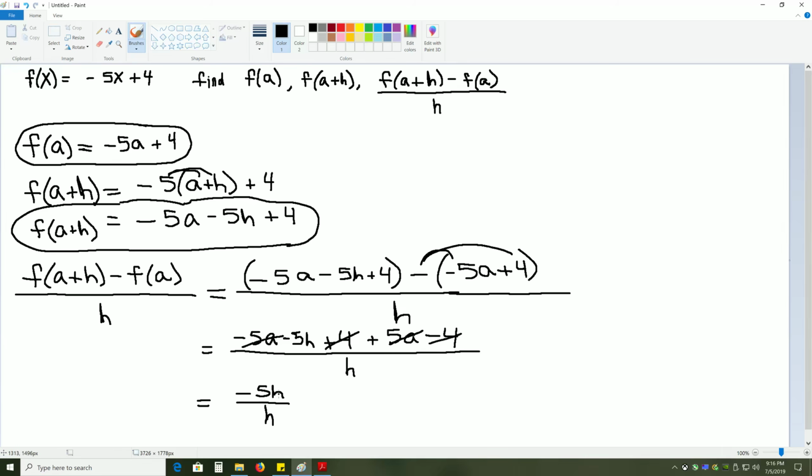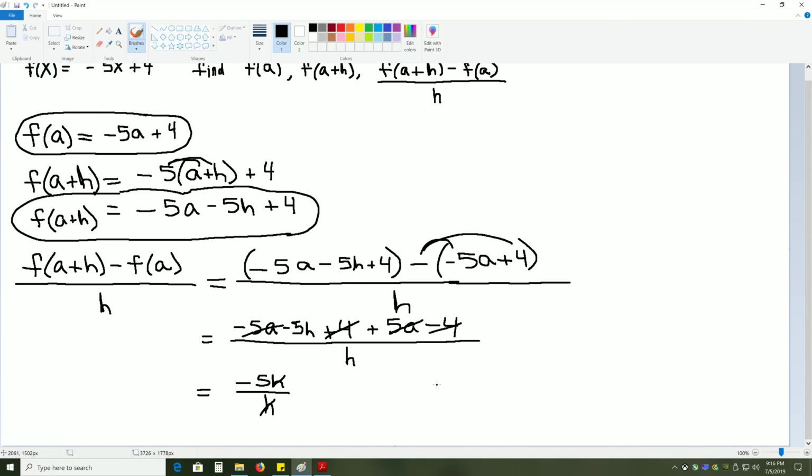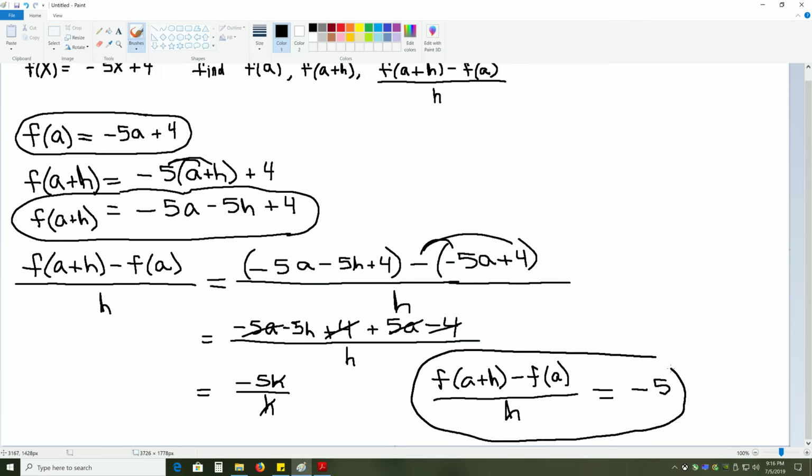And at this point, the h's will cancel out, leaving us with f of a plus h minus f of a all over h is equal to negative 5. And this solves all three problems we were given: f of a plus h, and f of a plus h minus f of a over h.